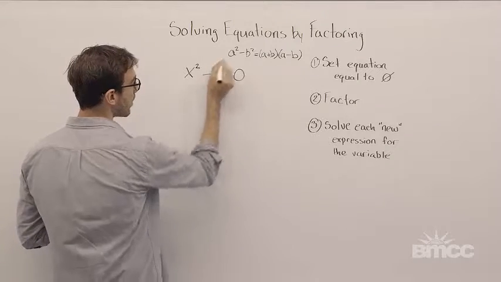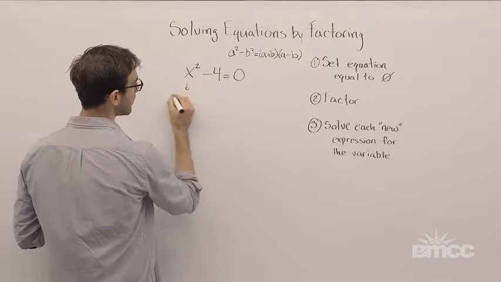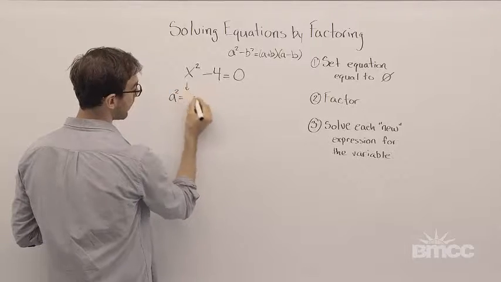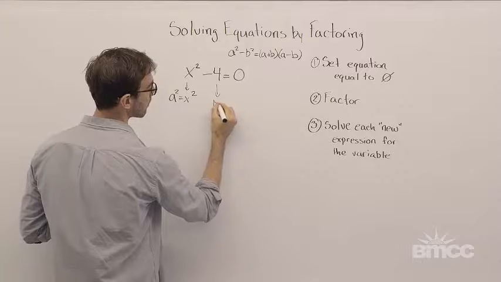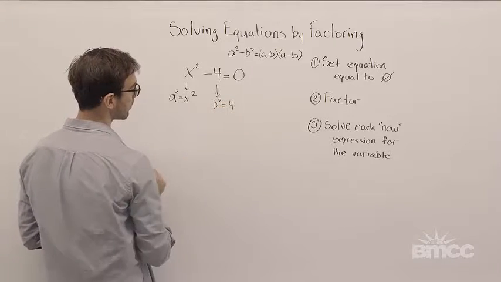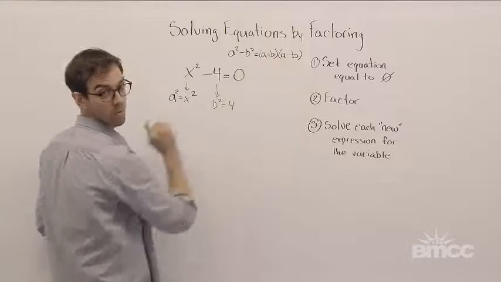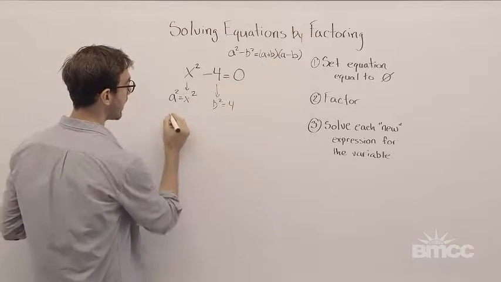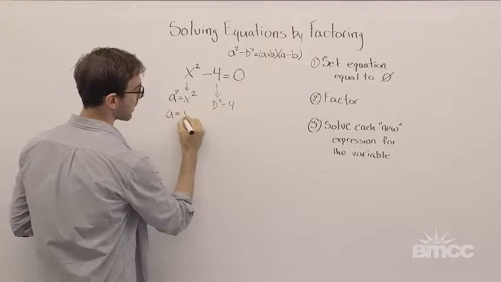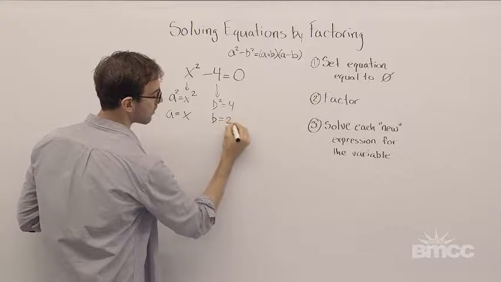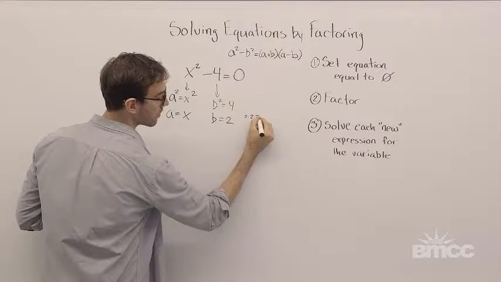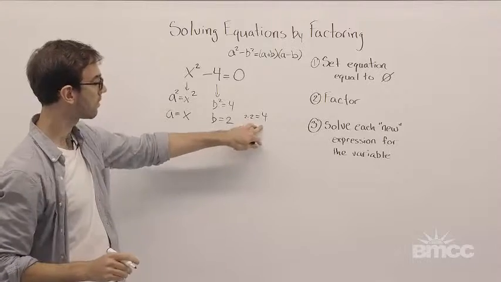So we see that our a squared in this instance is equal to x squared, and that our b squared is equal to 4. This means that our a would be equal to x, and our b would be equal to 2, because 2 times 2 equals 4.